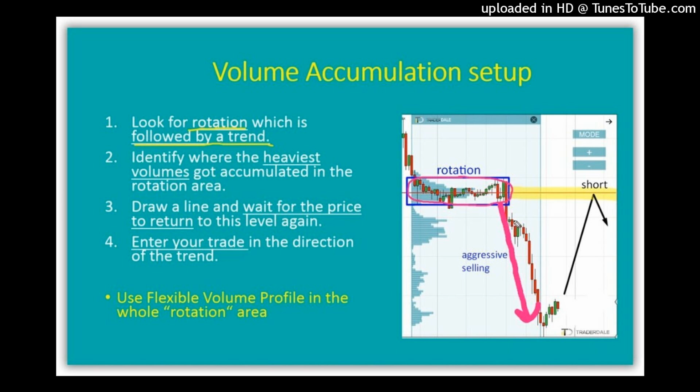Alright, let's say that the heaviest volumes in this rotation are in here. Then it's very risky to enter short in here, because it's counter strong trend, and especially if there is a weak high like this one. This would be extremely risky to go short from.